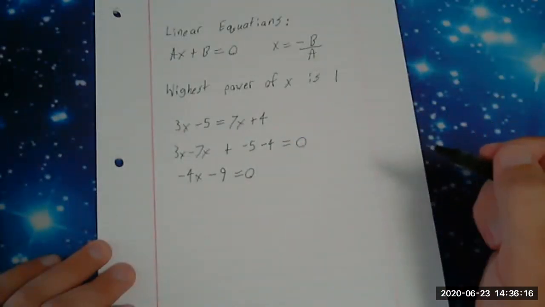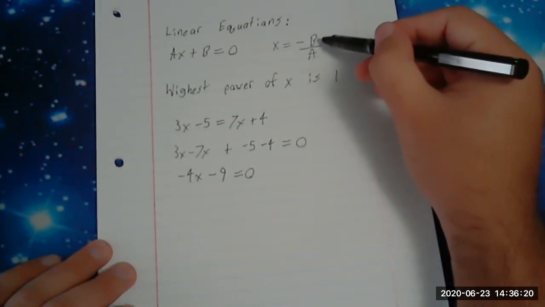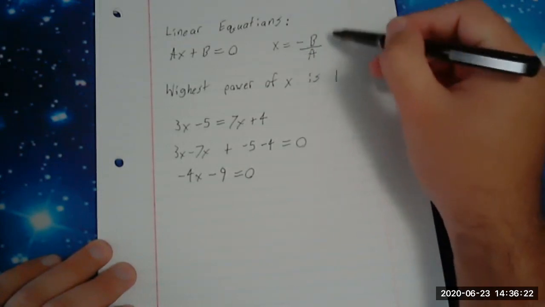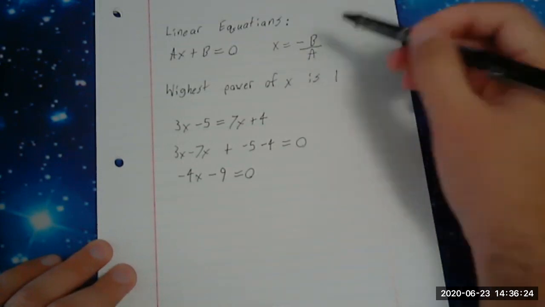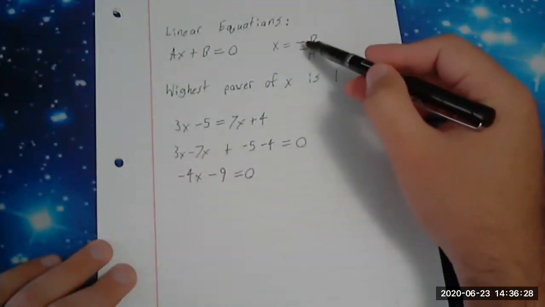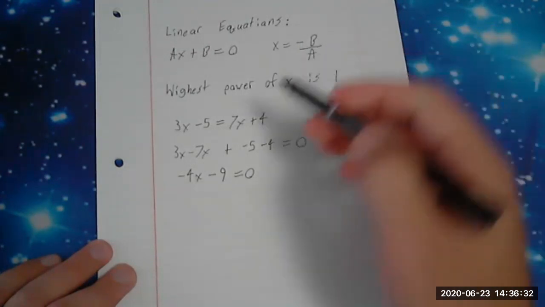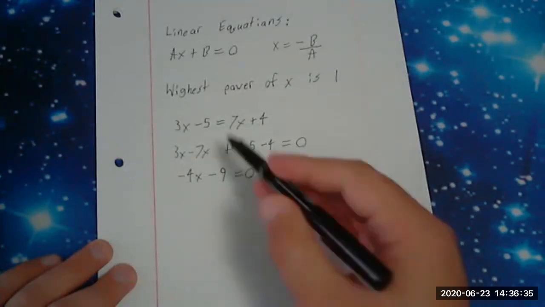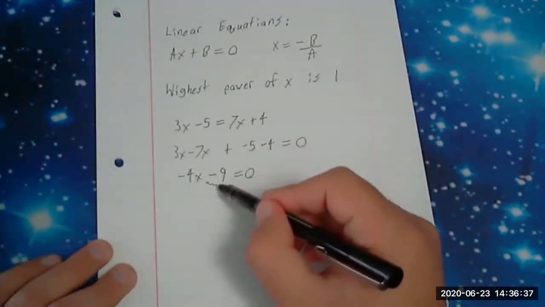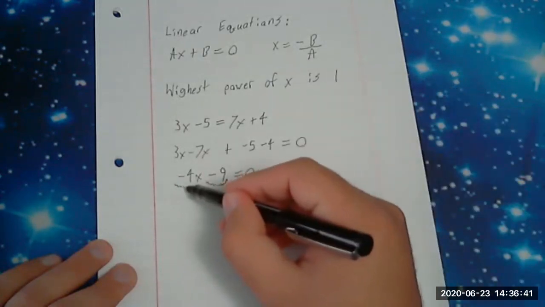All right. So if we use this form, then we know that the answer to this equation is negative b over a. Well, b in this case is all of this, and a is all of this.